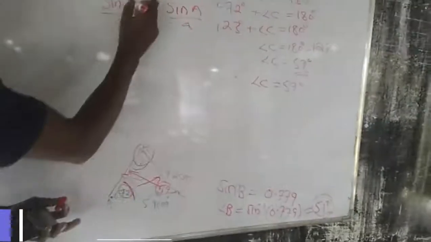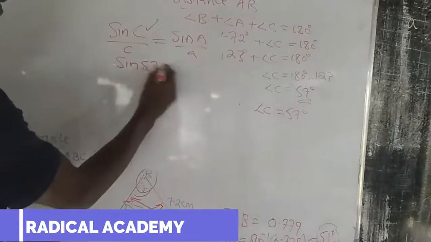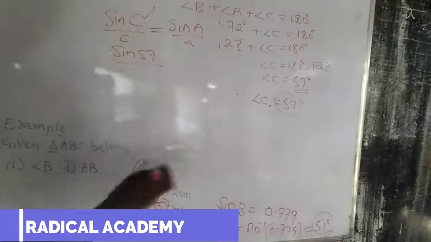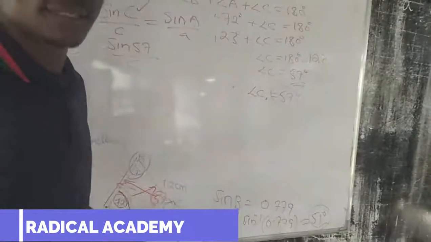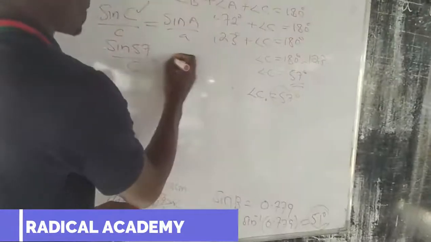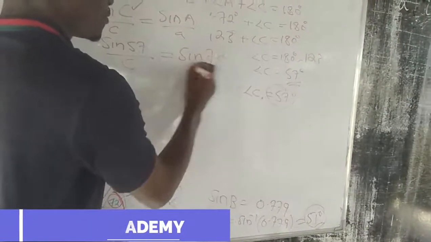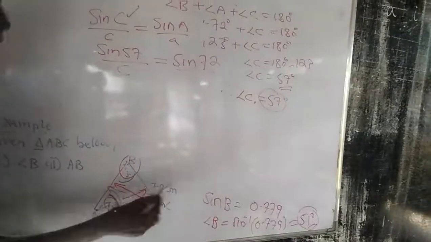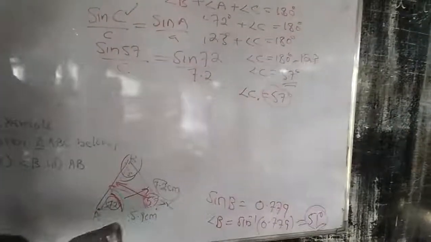So again, you put 57 over there, and I'm looking for C, which indirectly represents the distance AB. Therefore, I also have sine 72 over the opposite of angle A, equals 7.2, which is this one.